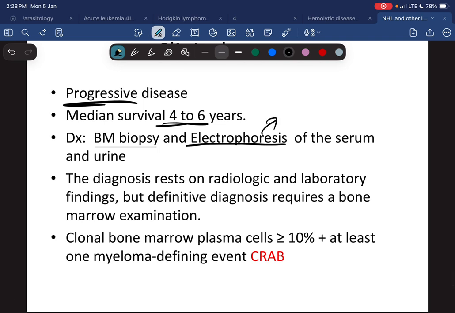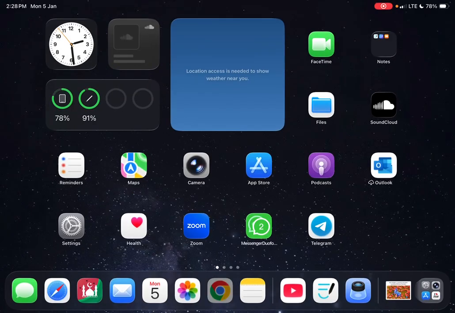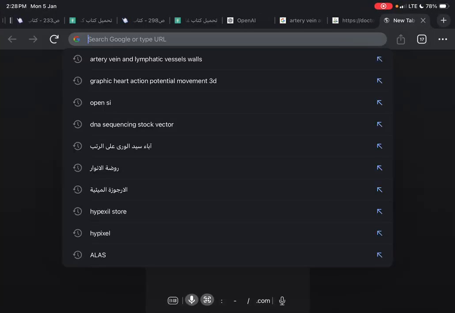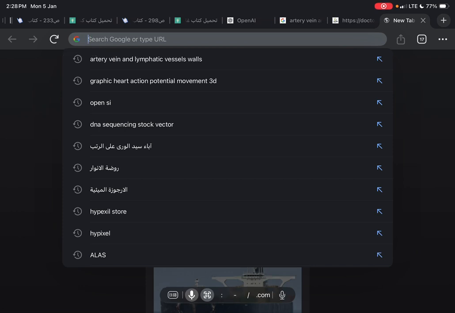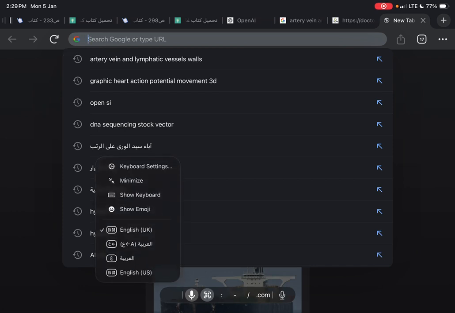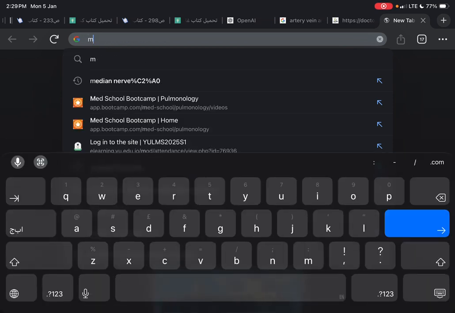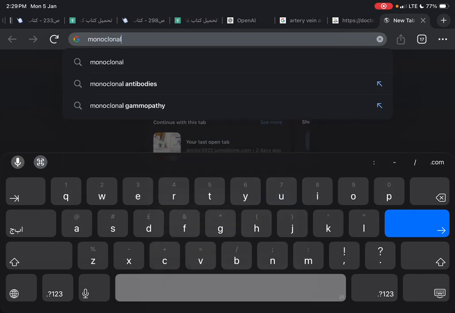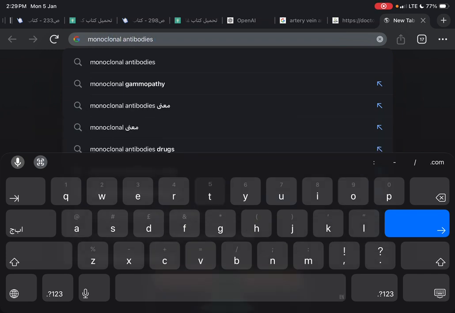The disease is progressive with median survival of 4 to 6 years. Bone marrow biopsy for diagnosis and electrophoresis of the serum and urine. Diagnosis relies on what? On radiologic and laboratory findings. Definitive diagnosis requires a bone marrow biopsy and examination.